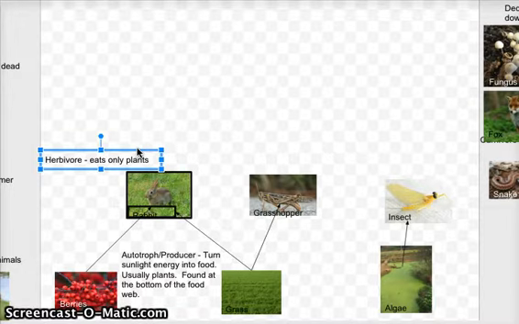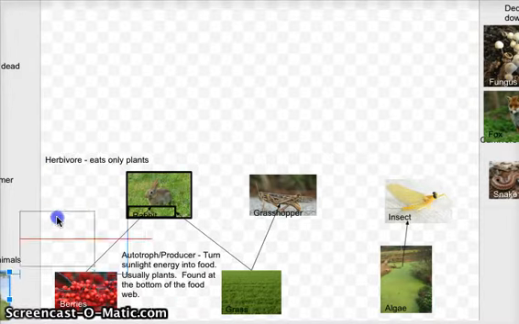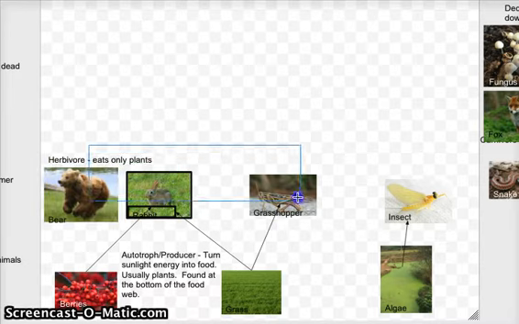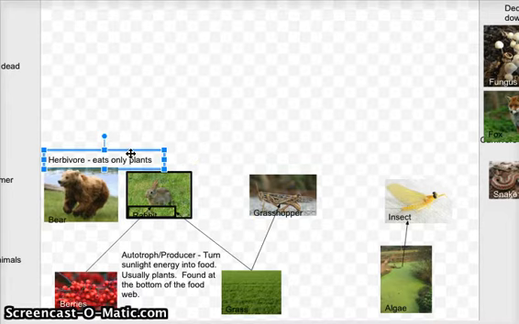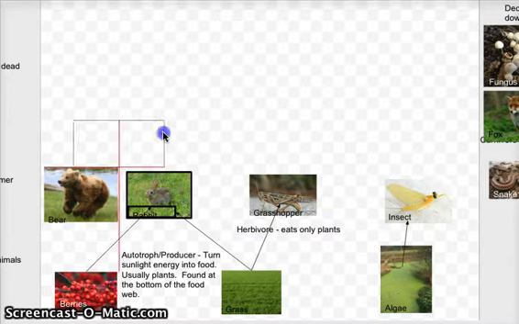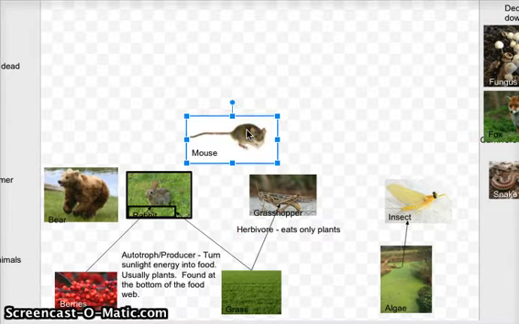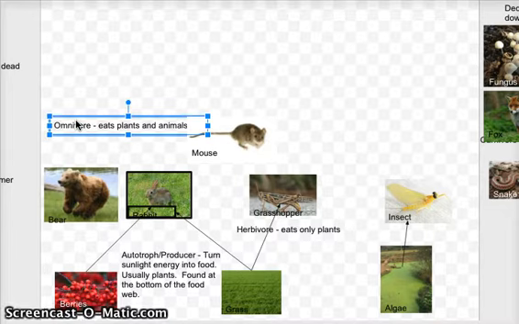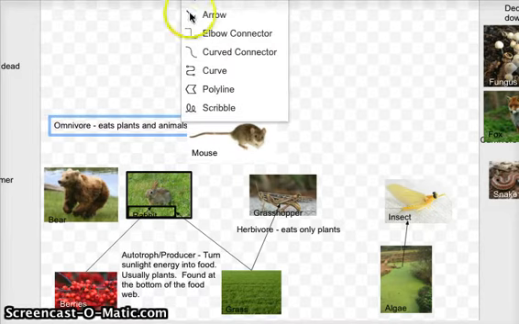Another classification of animal on a food web, and this is actually what humans are, I'm going to move these herbivores over here. A bear and a mouse are examples of omnivores, and the reason is because they eat plants and animals. These are usually the hardest ones to pick out from the food web.